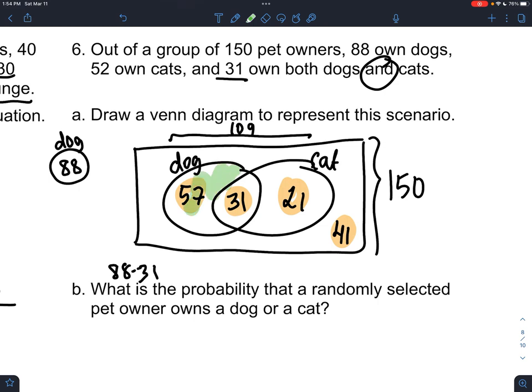So a Venn diagram, keep in mind, has to have 4 numbers. So what's the probability that a randomly selected pet owner owns a cat or a dog? So that would be this segment over here and this segment. But when someone asks this question, hey, do you have a dog or a cat at home? And you have like a bunch of both, you wouldn't say no. You would say, yeah, I do. I have both. So this or is looking for dog, cat, or both.